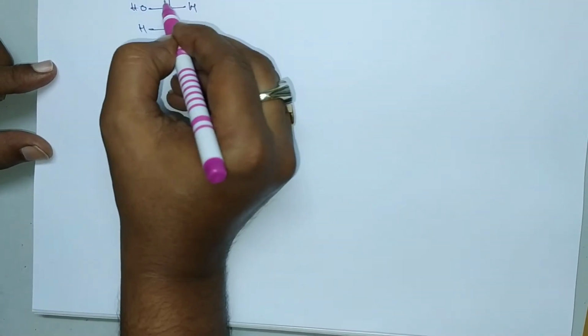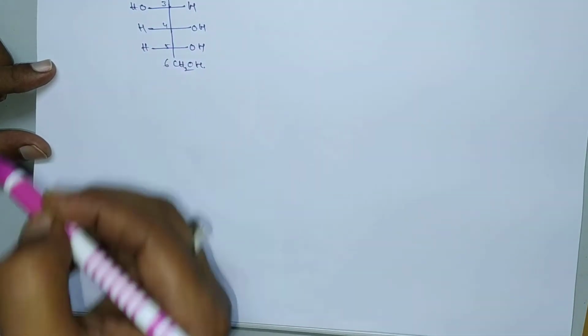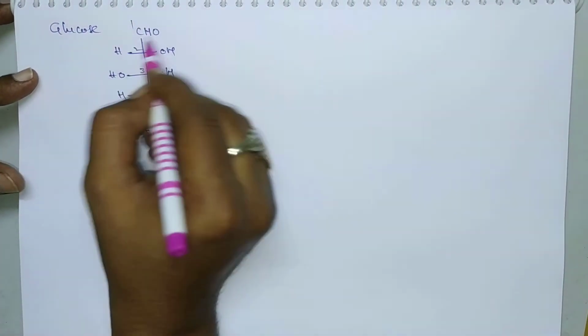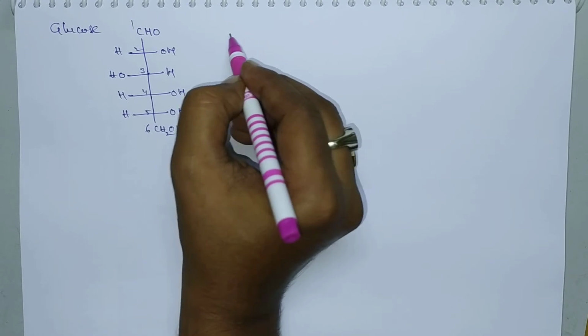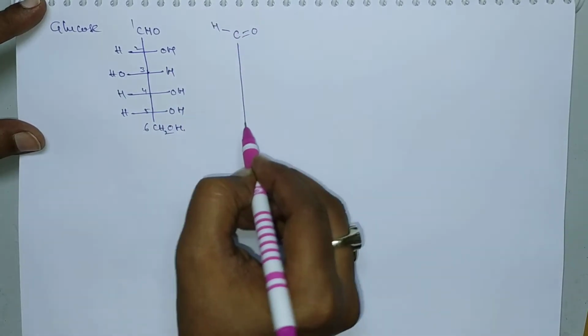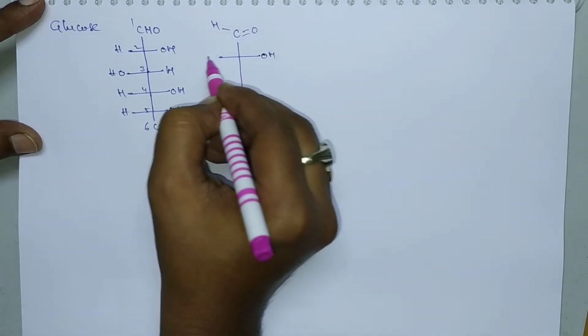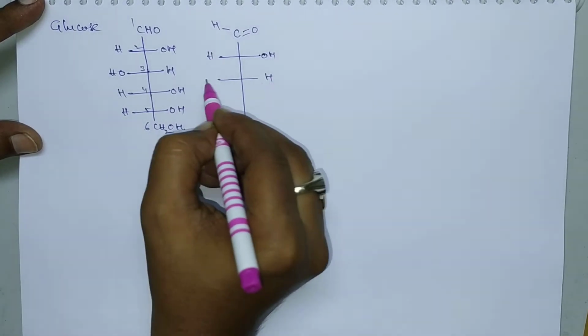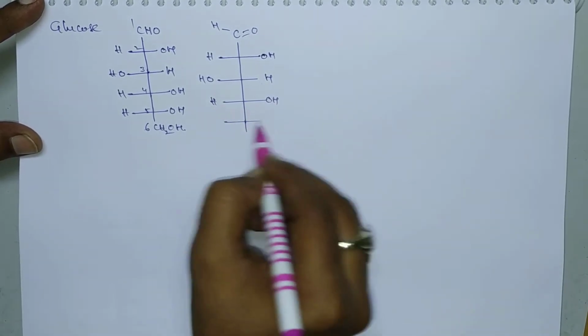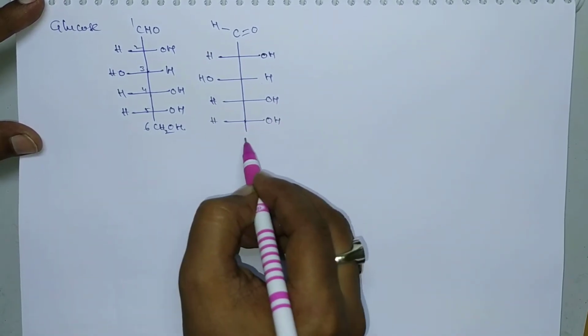Here there are 1, 2, 3, 4, 5, 6 carbons. This is the aldehyde group, so this group can be written like this: C double bond O, H, then OH, H, H and OH. If you understand one structure, you can usually write all these structures.